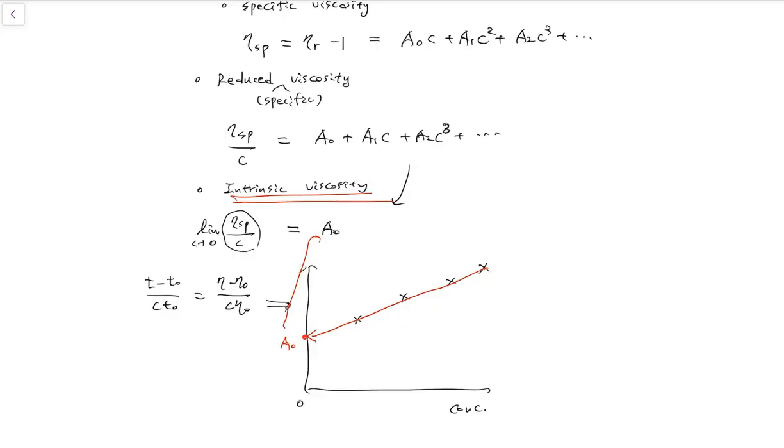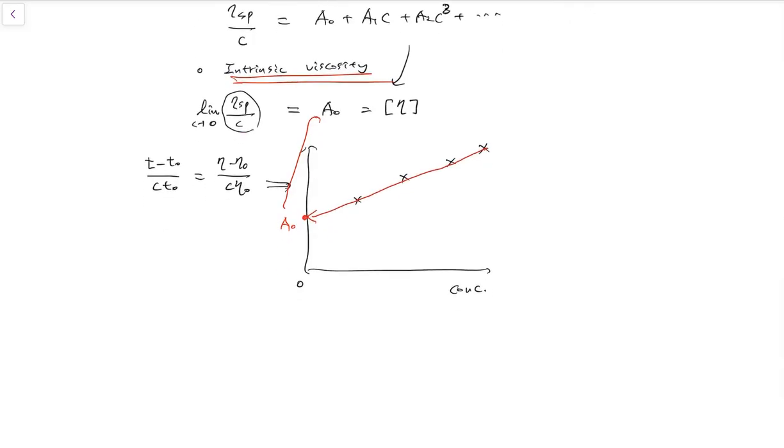And this viscosity is usually denoted with brackets. This experiment determines the intrinsic viscosity.